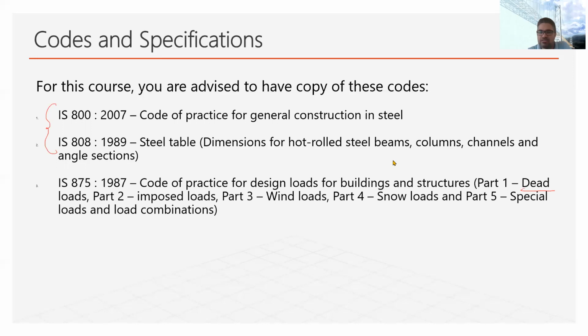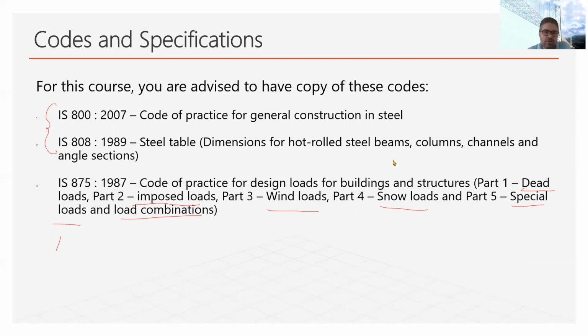Part 1 provides information about dead loads. Part 2 provides information about live load or imposed load. Part 3 gives information about the calculation of wind load. Part 4 is for snow load. Part 5 is for special loads and load combinations.